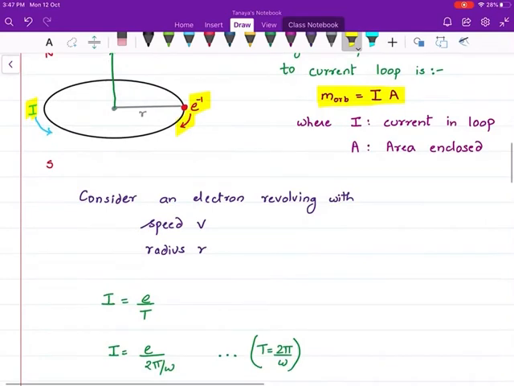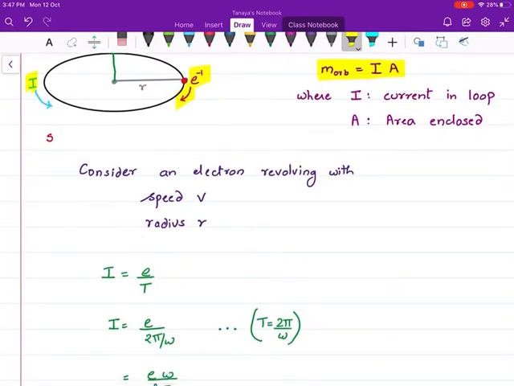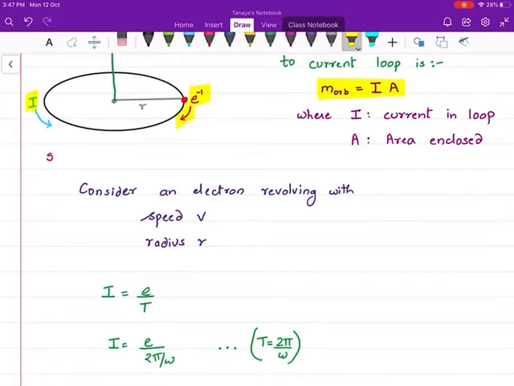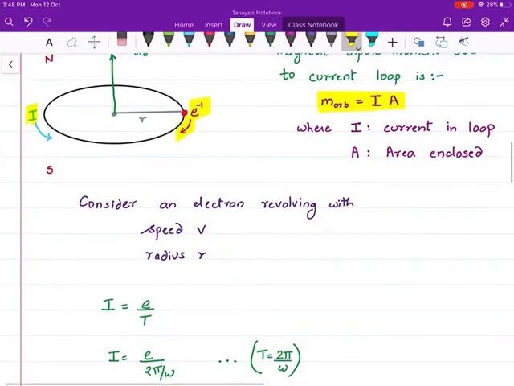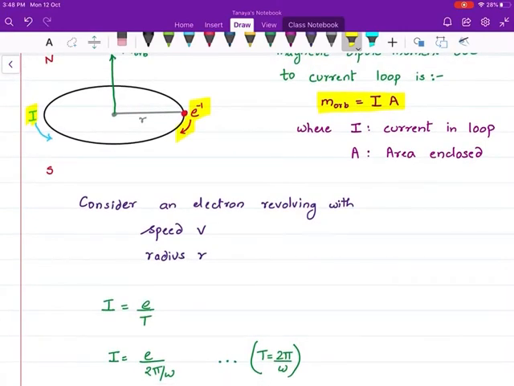Okay, so I have this I equal to q upon t. See, you know current is what? The rate at which charges are flowing. When you say rate, it itself includes time. So I is equal to Q, charge upon time. Here what is the charge? Charge is 1 electron.